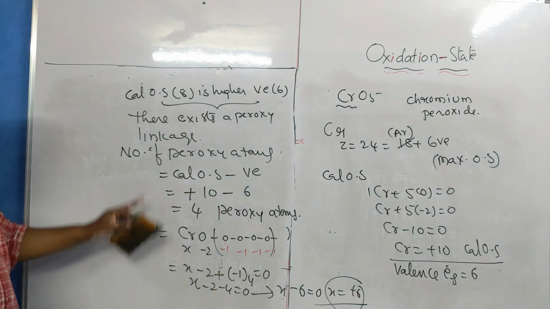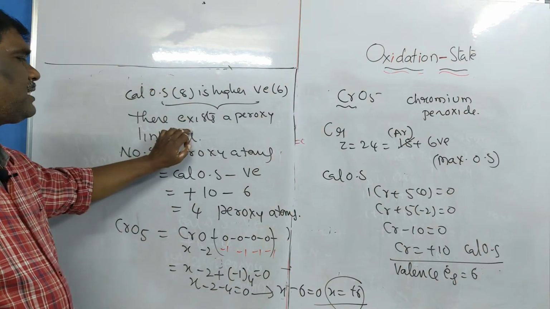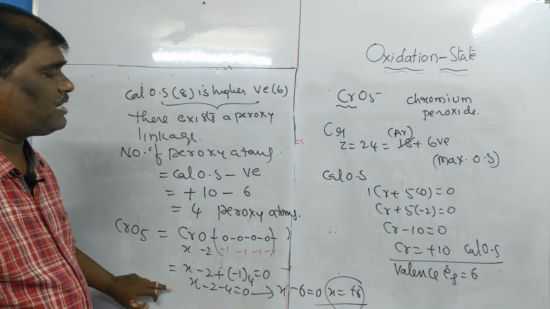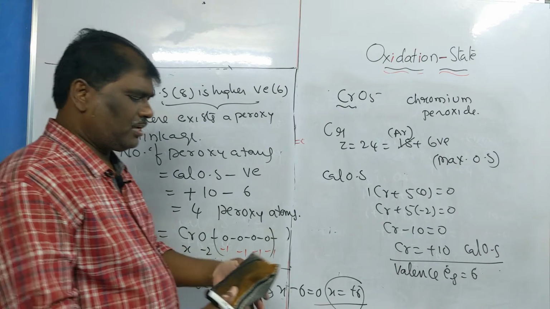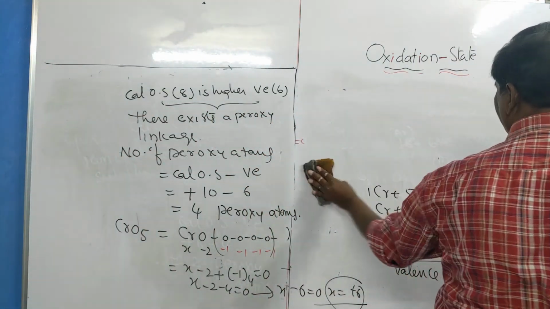I told you, whenever the oxidation state is dominating the valence electrons, we expect peroxy atoms. As a result of peroxy atoms, the oxidation state is adjusted to the valence electrons. Let us enjoy the structure of chromium peroxide.